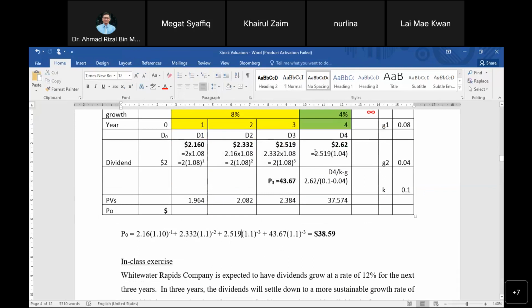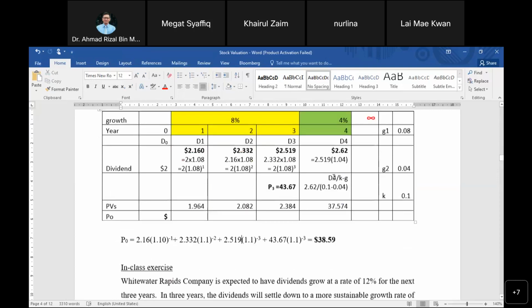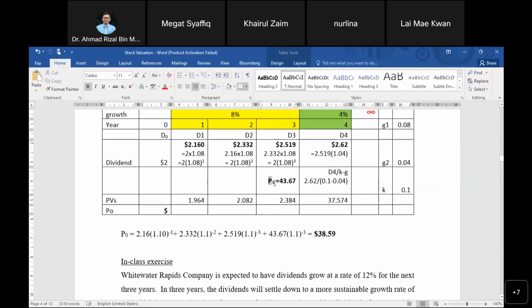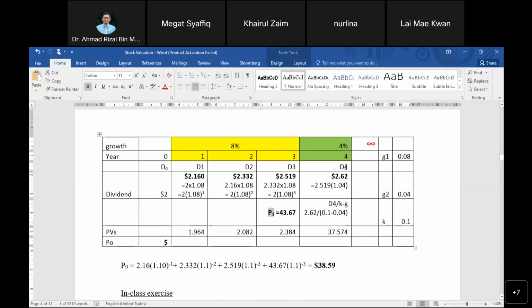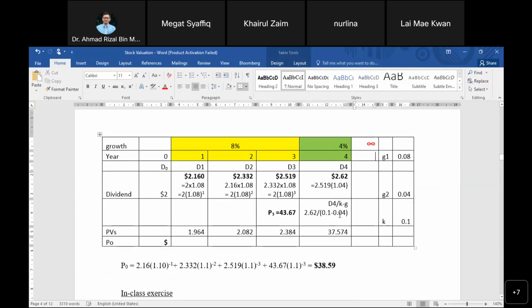But starting from year 4, when dividend starts to grow at a constant growth rate, we are able to calculate P3. Why P3? Because D4 would be the first year that dividend grows at a constant growth rate. If it were only year 5 that dividend started to grow at a constant growth rate, then we would calculate P4 instead of P3, and so on.